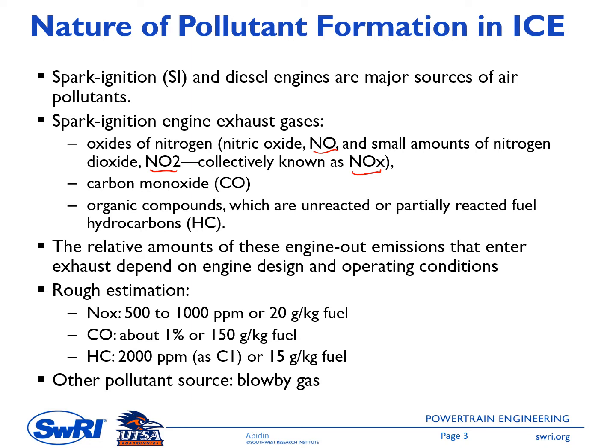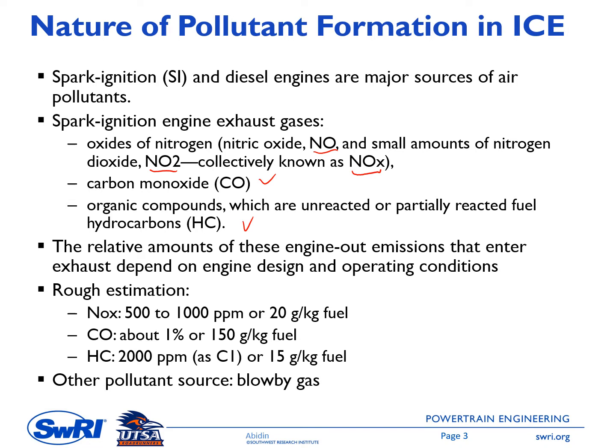The next one is carbon monoxide or CO. This is a toxic pollutant. And then we also have organic compound, which are reacted or partially reacted fuel hydrocarbon. So it's called unburned hydrocarbon. It can be CH4 or any lower C number species.